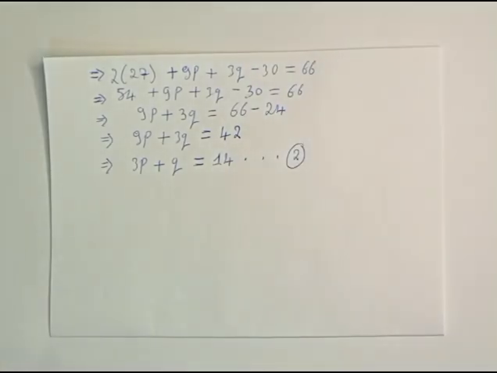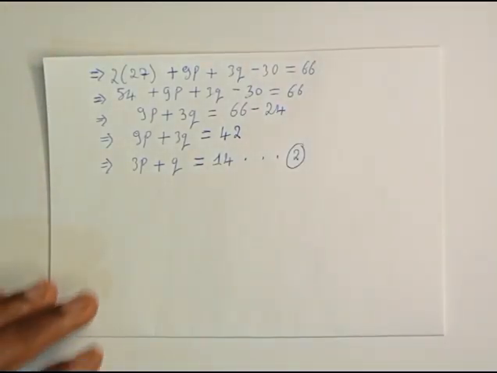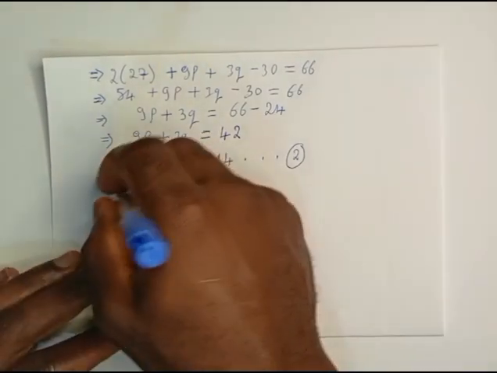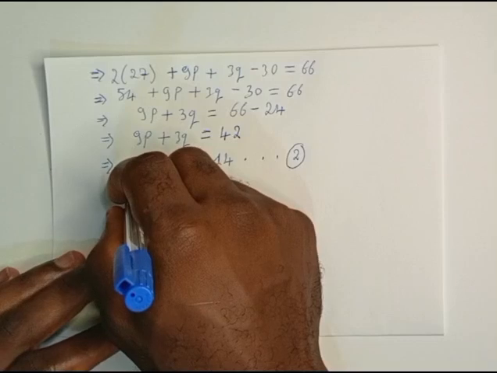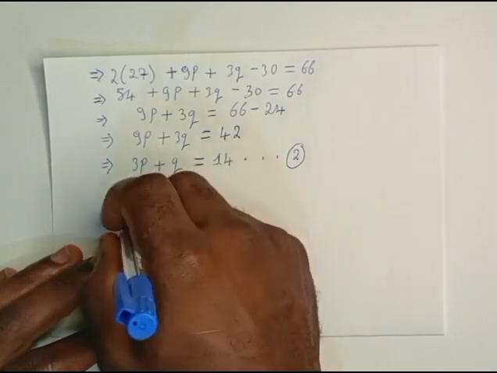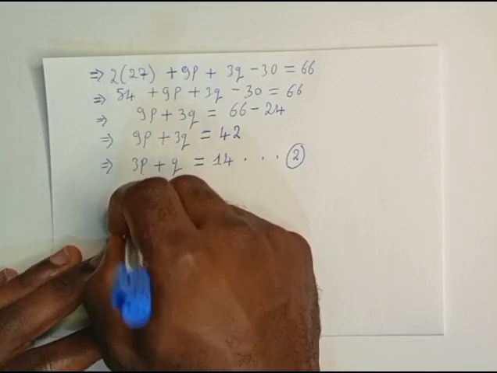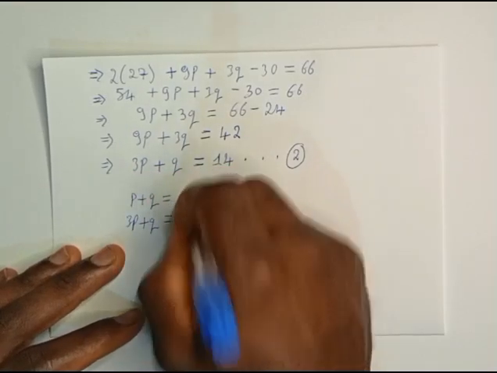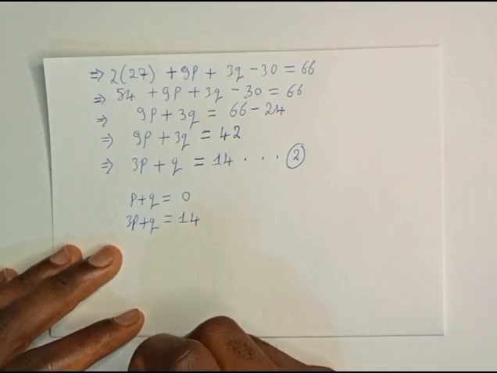We have a pair of simultaneous linear equations which we can solve for p and q. Let's write down the pair of equations. We have p plus q is equal to 0. That's equation 1. We have 3p plus q is equal to 14. This is equation 2.